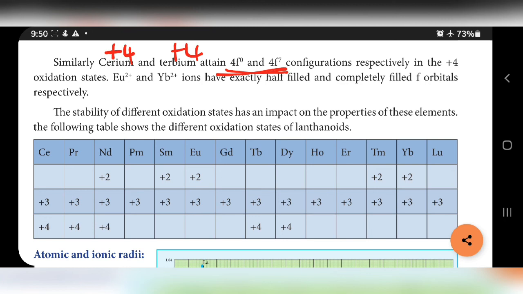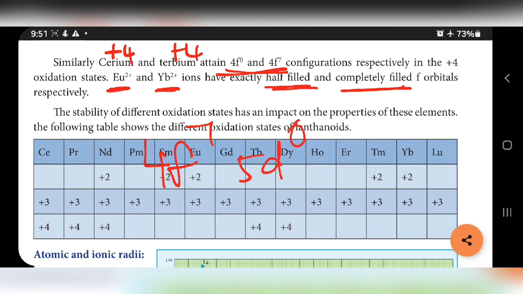Like that, europium 2+ and ytterbium 2+ both have half filled and completely filled configurations. For europium, the electronic configuration is 4f7 5d0 6s2. 2+ means 2 electrons need to be removed, so europium 2+ has 4f7, that is half filled.